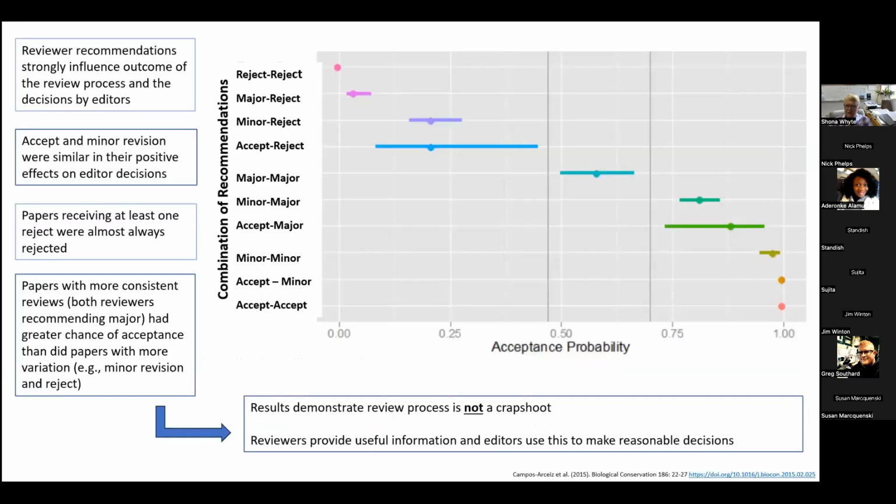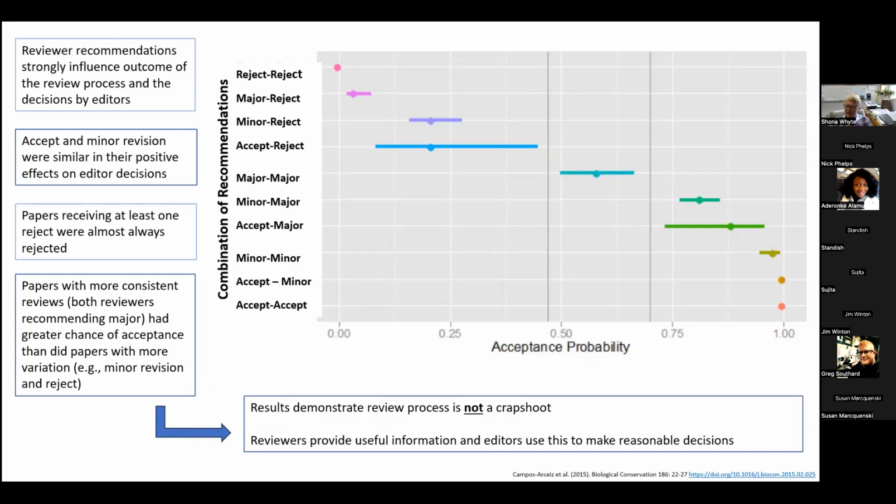So they did a little study and they found that reviewers' recommendations strongly influence the outcome of the review process and the decisions by editors. So it shows here how important it is that the reviews that come from the reviewers and the associate editors inform the editor. That accept and minor revision were similar in their positive effects on editor decisions.